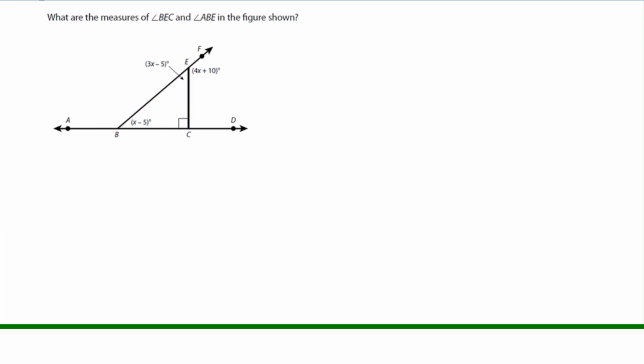Now for the next angle, we have to figure out angle ABE. Angle ABE is here. All you have to do is build an equation. If you look right here, there's a straight line, and we have angle ABE and angle EBC that fall along that straight line. We know a straight line is equal to 180, and then we have to figure out what other angles go along.